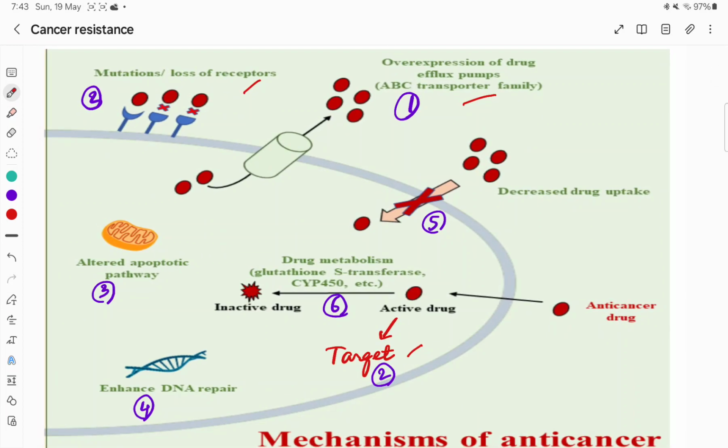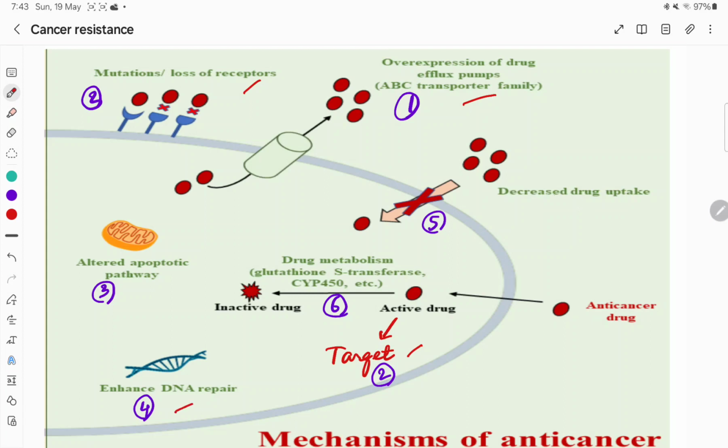As we know, most of the anti-cancer drugs are cytotoxic, which induce apoptosis, and if the apoptotic pathway is altered, then that will lead to resistance. And apoptosis occurs due to inhibition of DNA synthesis or DNA damage. So, if there is enhanced DNA repair in response to the DNA damage, that will also lead to resistance.